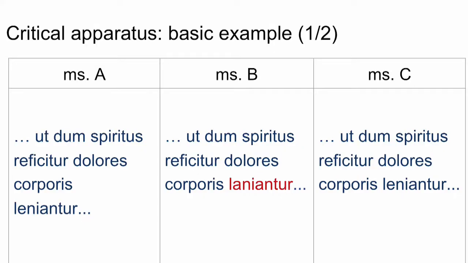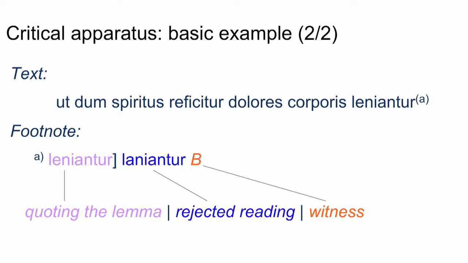I'm presenting you again the example we saw in the previous module with the manuscripts A, B, and C and their differences. So here you have the simple error in manuscript B, right? We would represent that like this in a print critical edition.